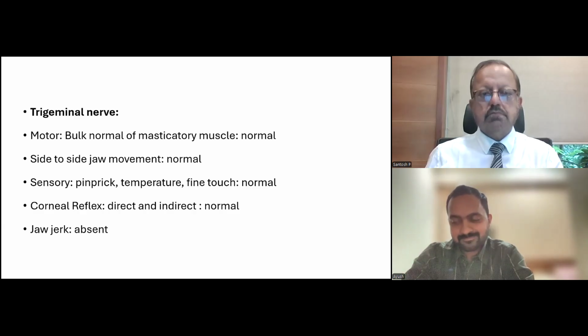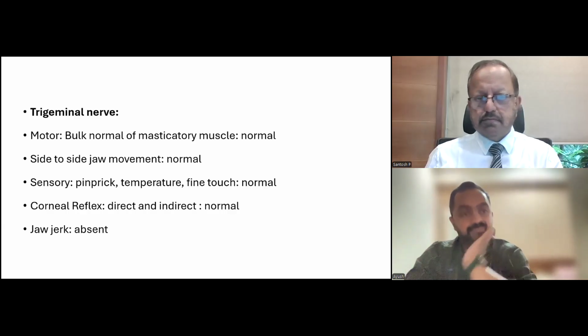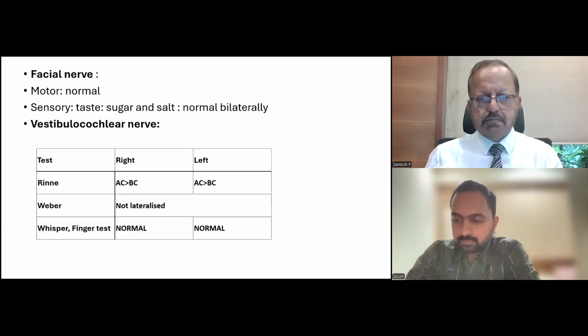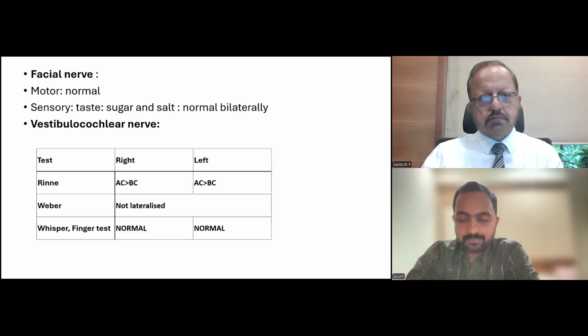Trigeminal nerve, bulk normal of masticatory muscles. Side to side jaw movement normal. Sensory pinprick, temperature, fine touch normal. Corneal reflex, direct, indirect normal. Jaw jerk absent. Motor normal. Sensory taste, sugar and salt normal bilaterally. Vestibulocochlear nerve, Rinne's normal. Weber's normal.